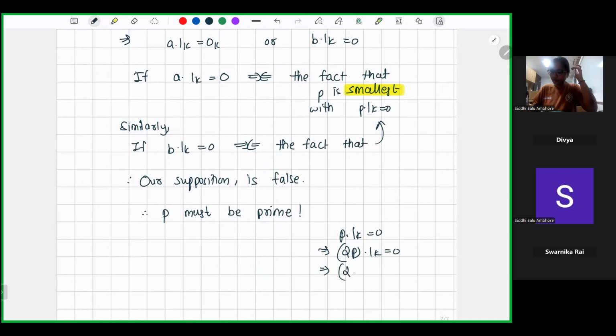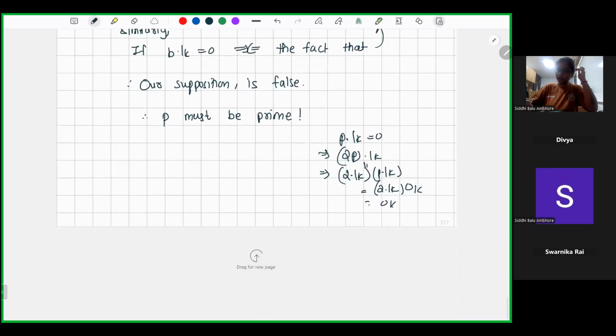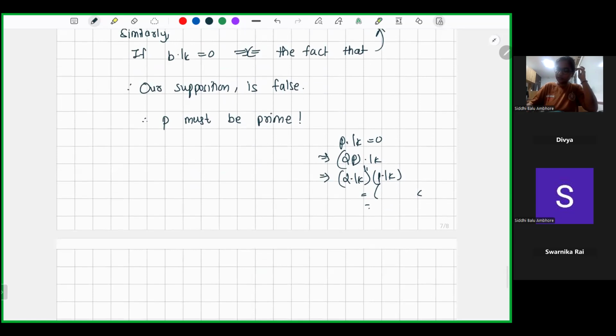Because this will be 2 1K into P1K, which is 2 1K into 0K, and this will give me 0K.